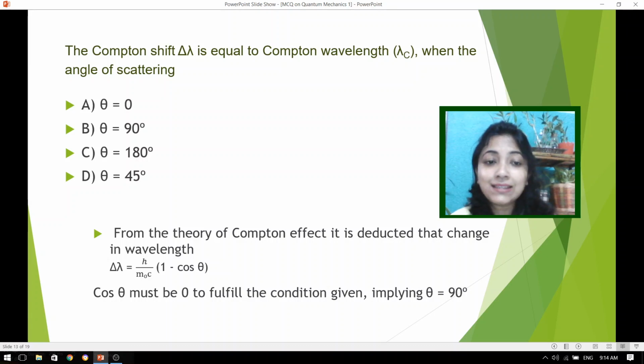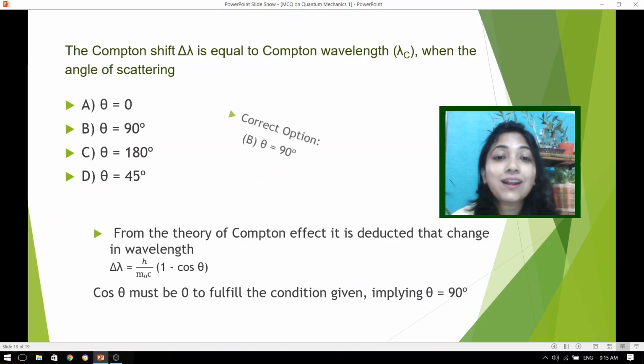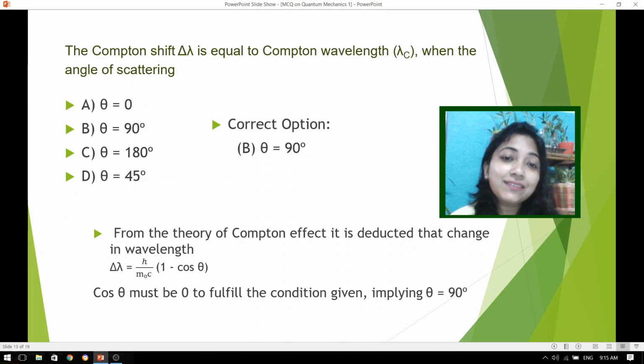So, on the right hand side, if I need to have only h by m0c, the quantity within the bracket, 1 minus cos theta, must be 1, which means cos theta has to be 0, and to fulfill this condition, we must have theta equal to 90 degrees. So, we will choose the correct option as option B, which is theta equal to 90 degrees. Correct?